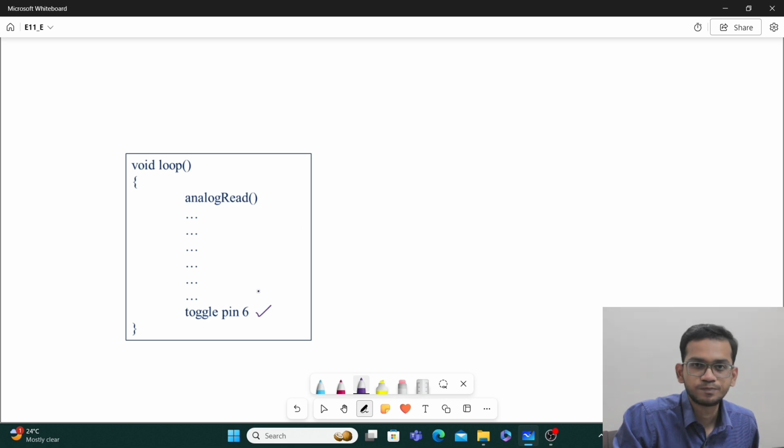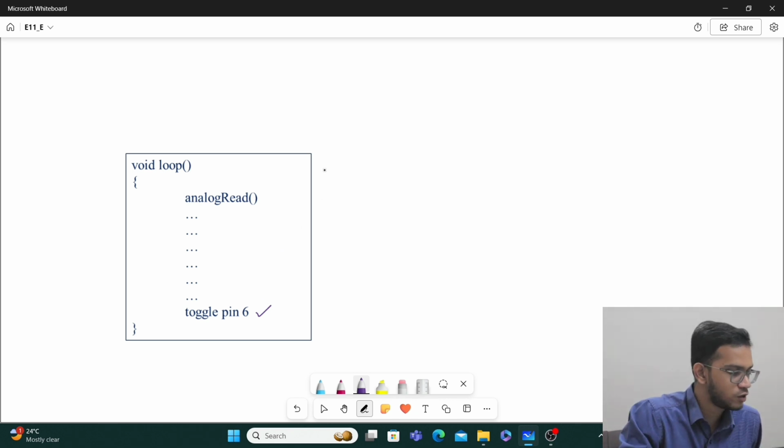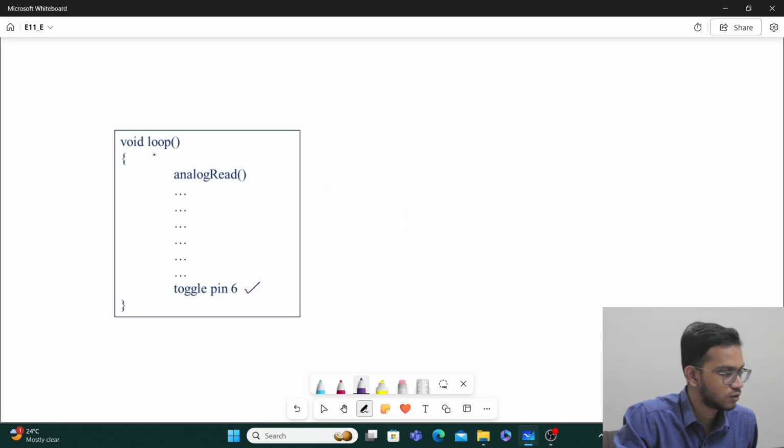Now just toggle it. When you toggle it, what will happen? The waveform which will come out of pin 6 in your Arduino will look something like this. This is your pin 6 or D6 of your Arduino, okay?